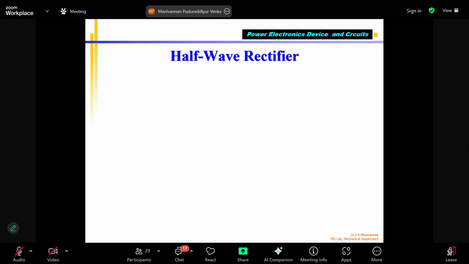Once this is known, then we can write IDC equal to V peak divided by pi. This can be written as V peak divided by pi divided by RS plus RD plus RL. Correct? This is going to be IDC.